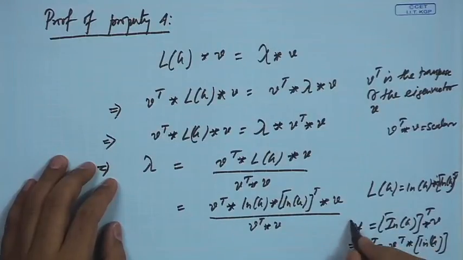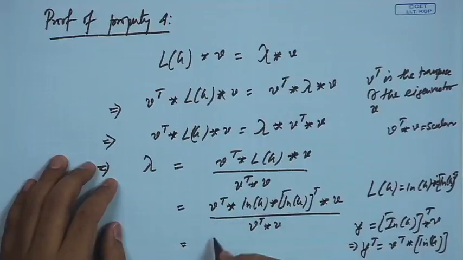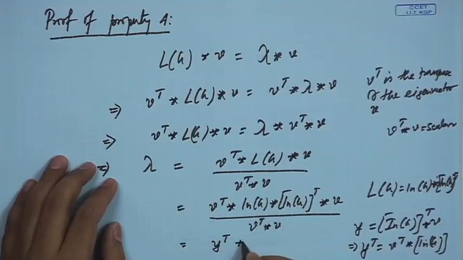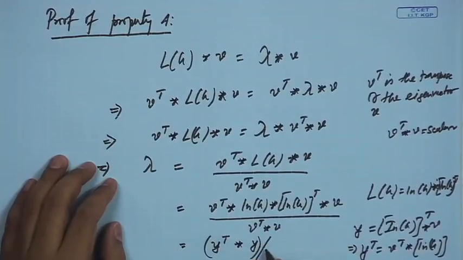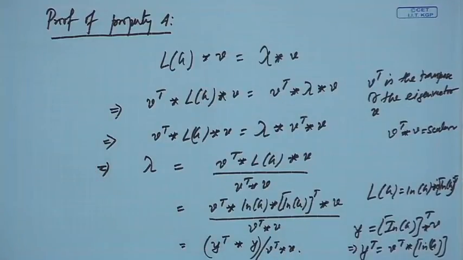So, replacing this expression by y, you have V transpose into Ing is nothing but y transpose into y divided by V transpose into V. So, we have nicely simplified the expression to y transpose multiplied by y divided by V transpose multiplied by V. So, now what is V transpose multiplied by V?